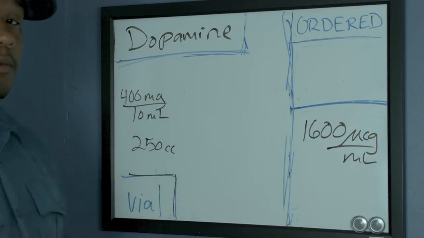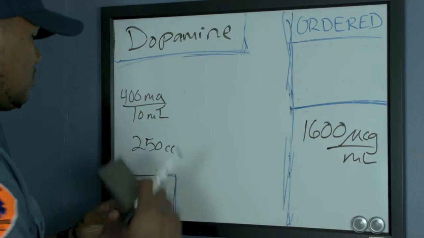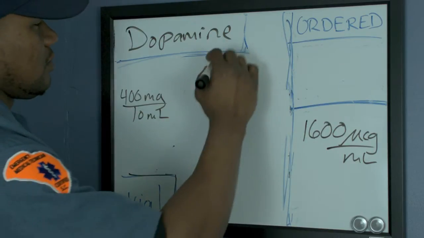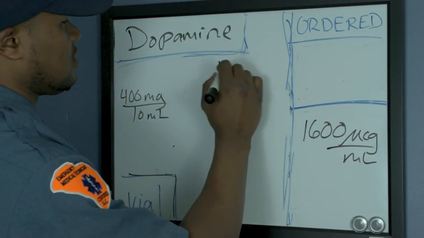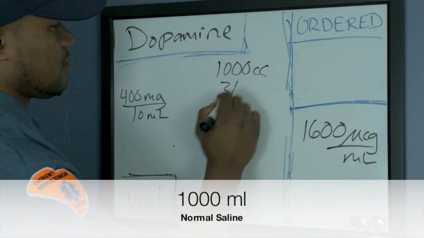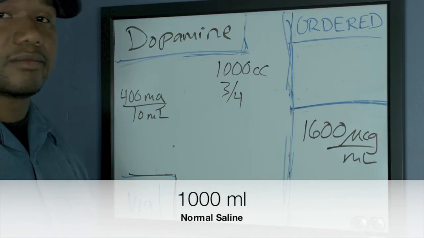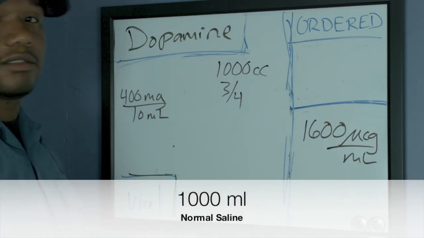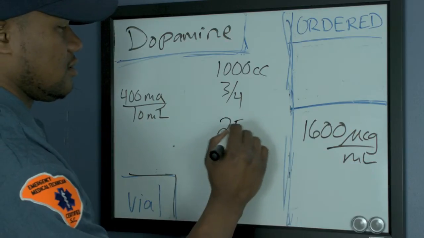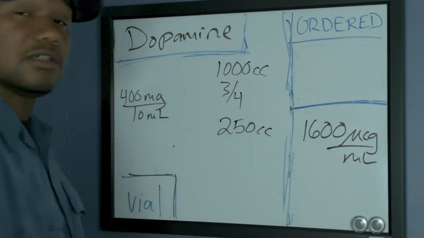Now, in order to be able to do that, what we do is we actually take a 1000 cc bag and we squeeze out 3/4 of it. So 1000 minus 750 cc's leaves you with 250 cc's.